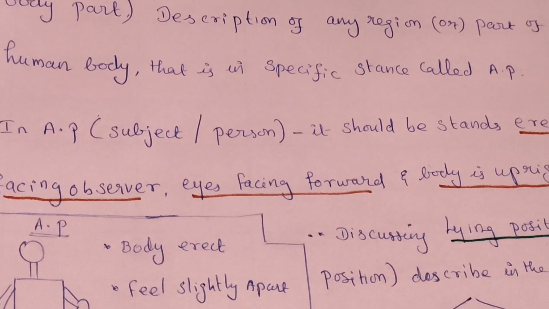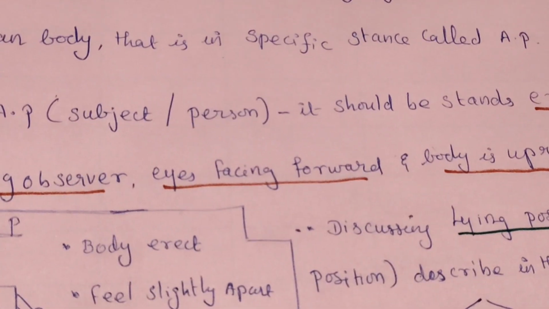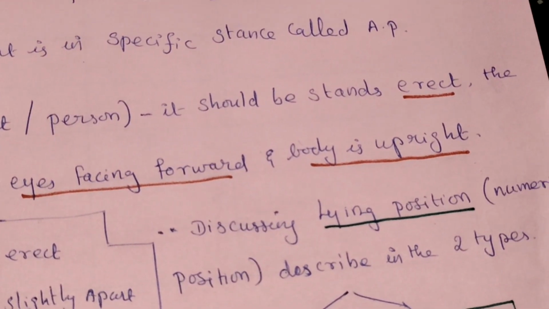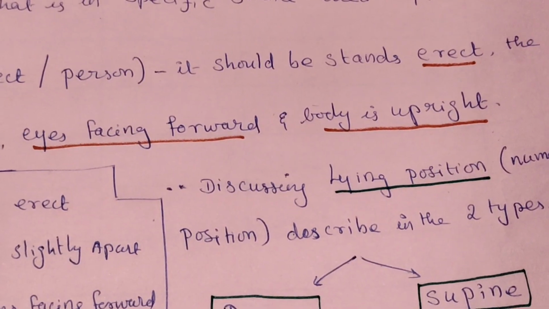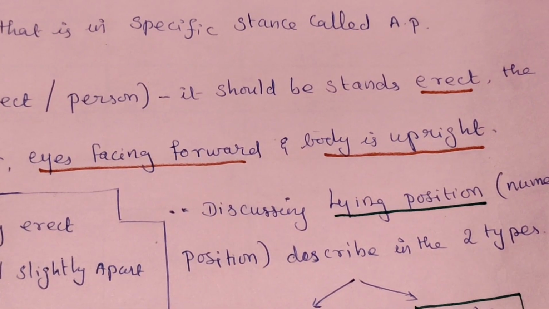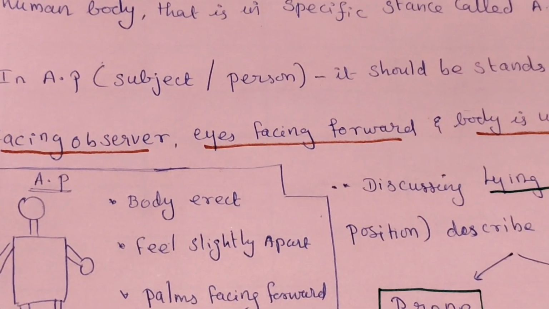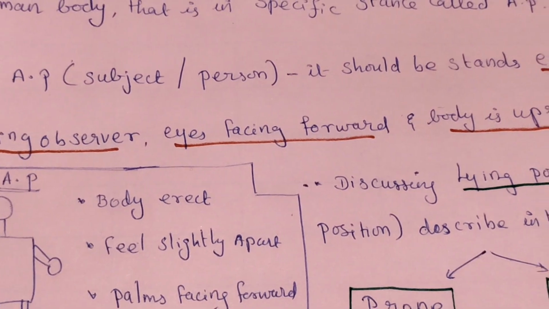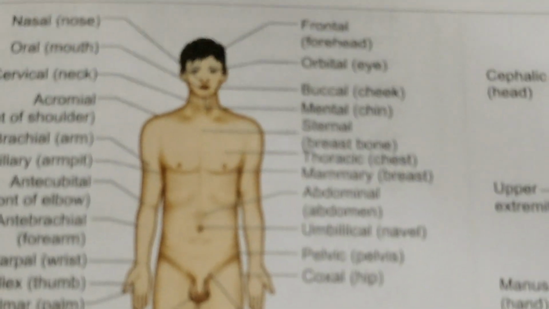In this anatomical position, the subject or person should stand erect, meaning fixed in an upright position, facing the observer, eyes facing forward and body upright.